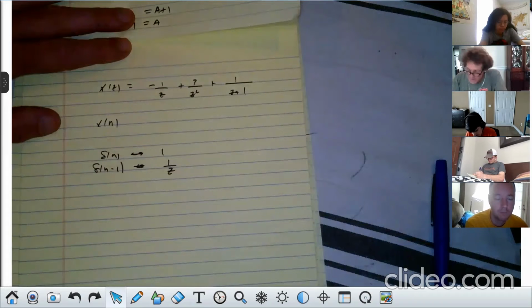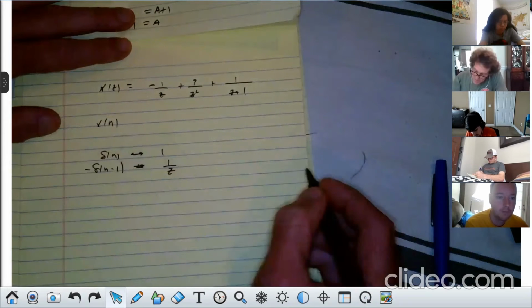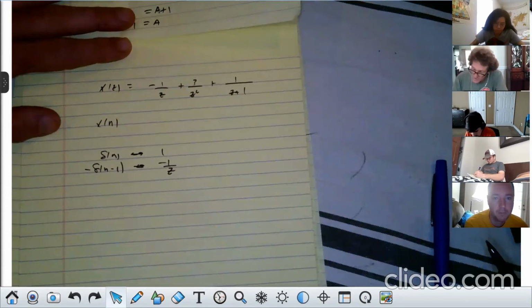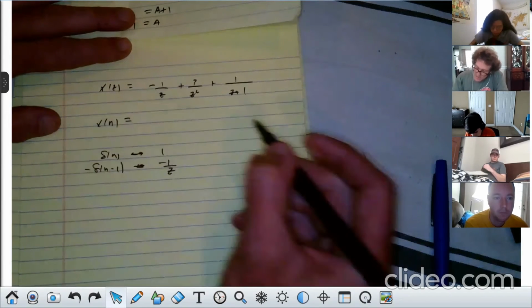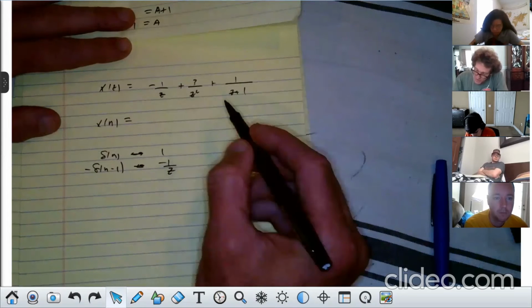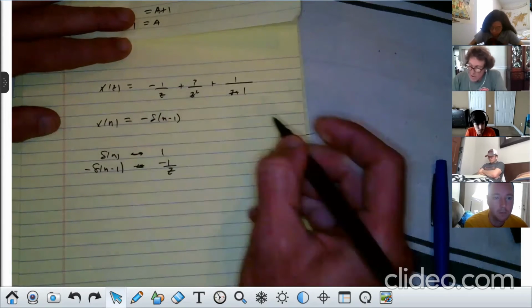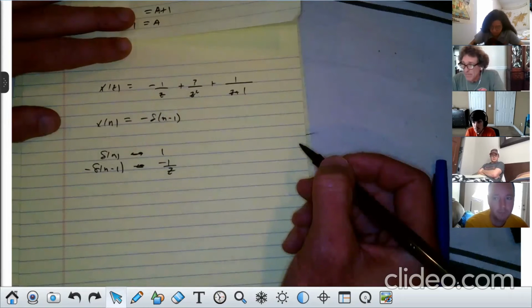If I have minus delta of n minus 1, it goes to minus 1 over z. I'm doing it this way for a reason. This should make it clear, my thought process and why it's true. That means this term simply goes to minus delta of n minus 1. Are we good on that?